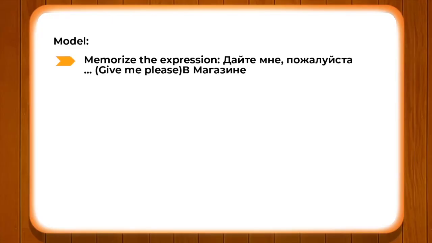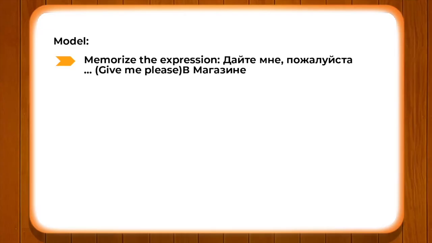There is a very important and famous expression which we normally use in Russian: "Дайте мне, пожалуйста", or "Give me, please", because you will be asking this while communicating in Russian. Pay attention to the construction "Дайте мне". Here we are starting with "Вы дайте мне", which is formal communication. We are using "Дайте мне, пожалуйста".